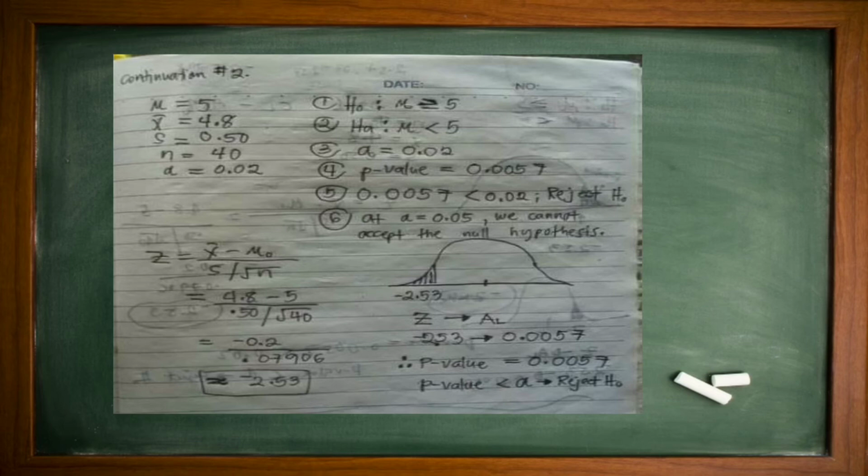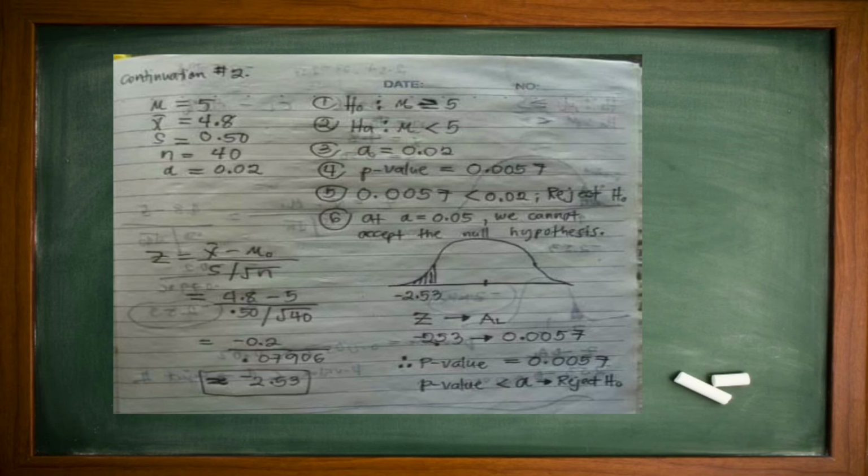Okay, so para makuha po natin yung ating p-value, syempre may magtatanong saan nanggaling yung ating p-value. So ayan nga po, meron tayong nakalagay na z to area to the left. So substitute lang natin yung z, which is negative 2.53 to 0.0057.